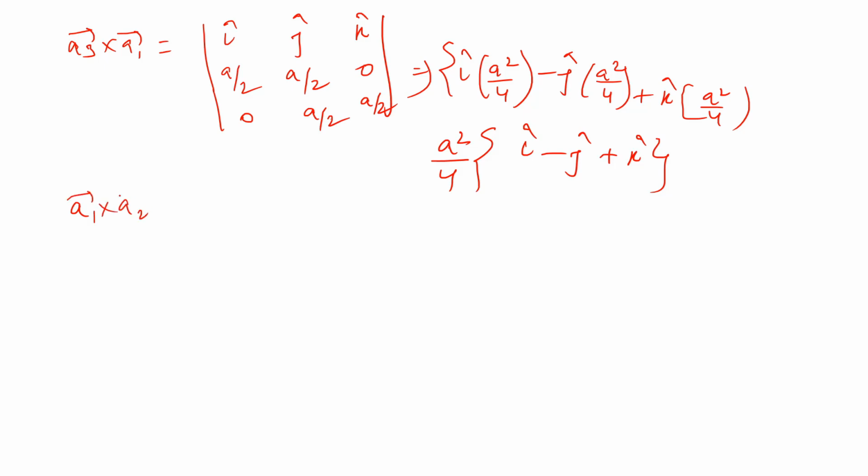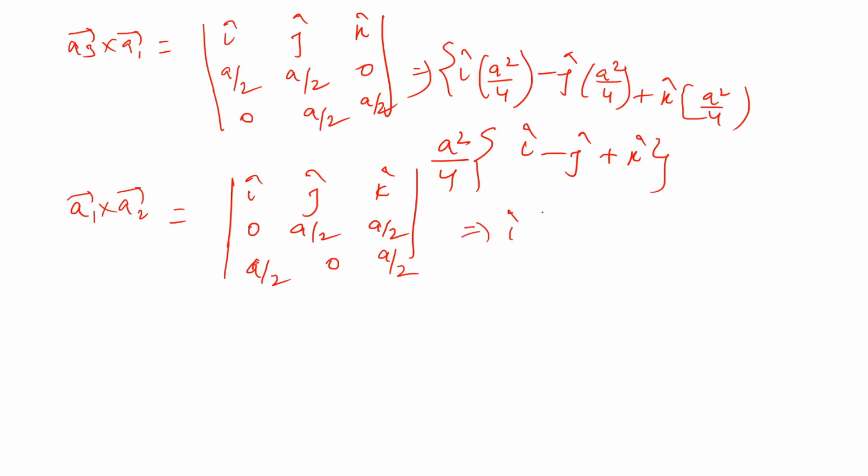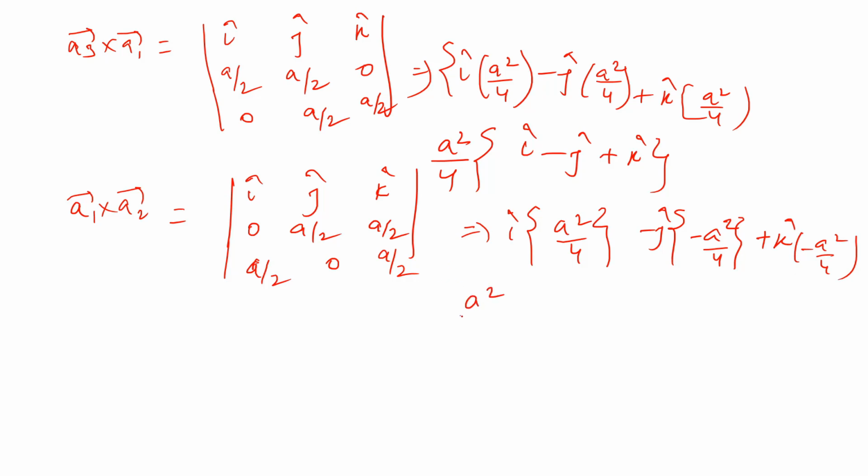This we have I, J, K, 0, A by 2, A by 2, A by 2, 0, A by 2. So this will become I into A square by 4, minus J into minus A square by 4, plus K into minus A square by 4. So we have A square by 4 into I plus J minus K, right?